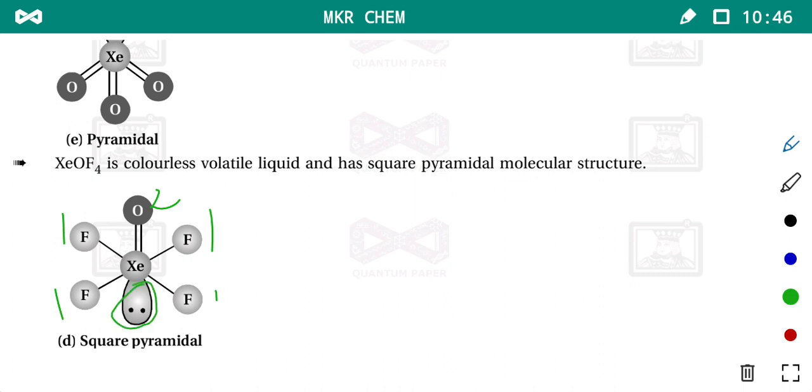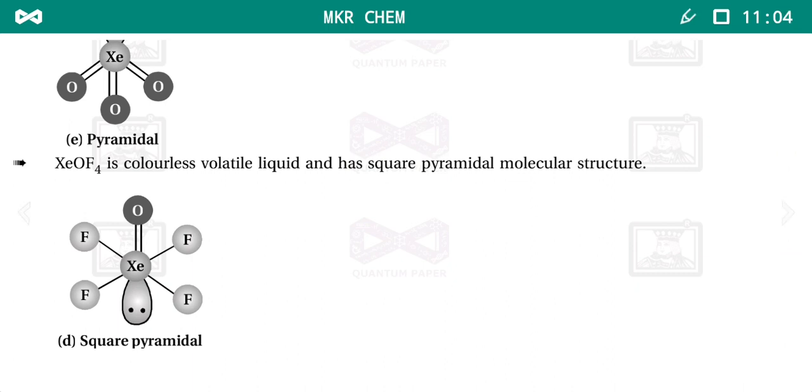So the final shape is square pyramidal. See, this one is the square pyramidal shape. Hide this lone pair and the square pyramidal shape is there.